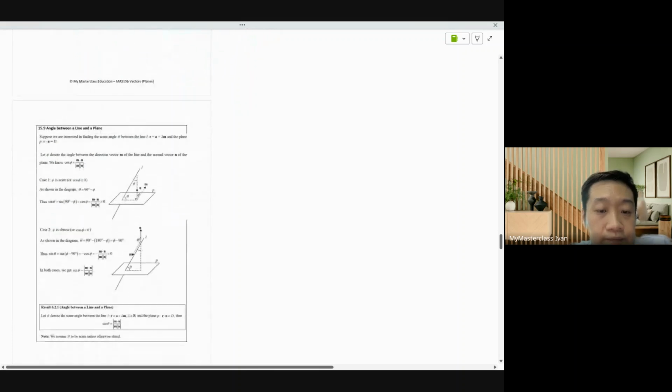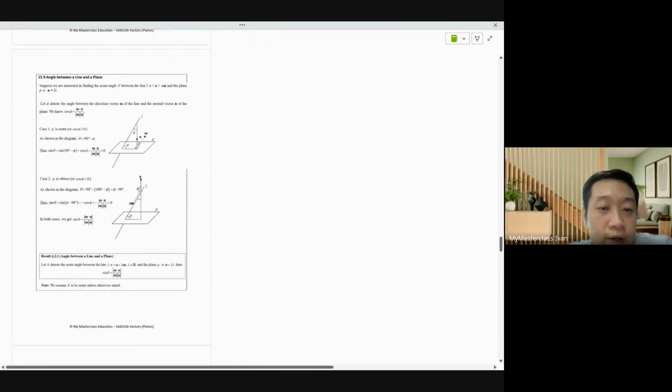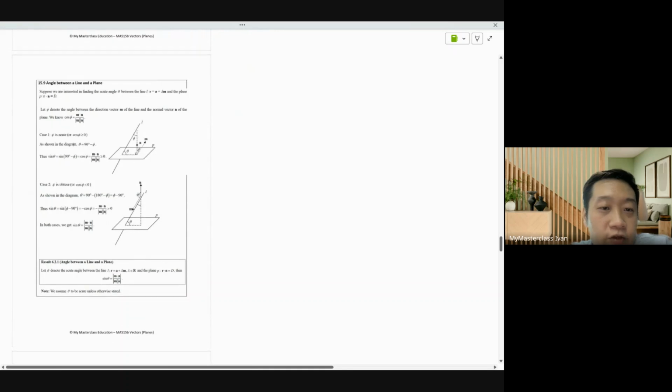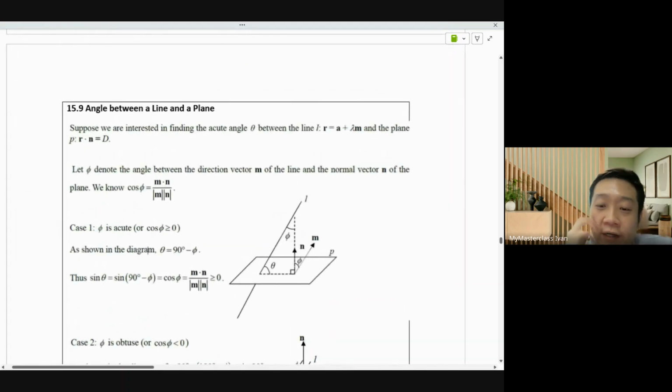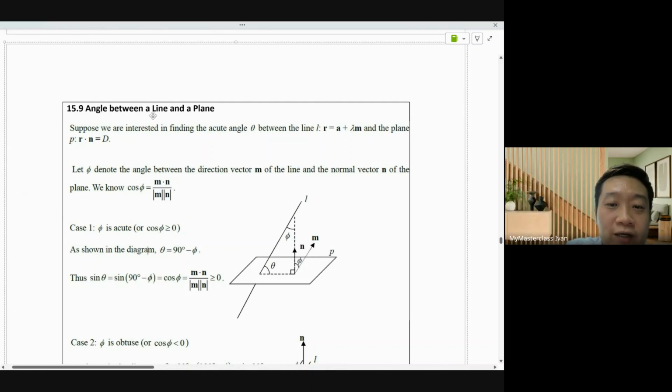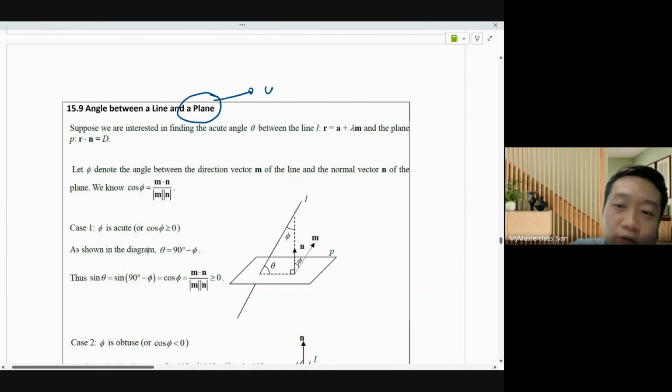Okay, remember this magic triangle. It's very important to know how to draw a triangle. When you see an angle between a line and a plane, circle the plane and then say that we use the normal.